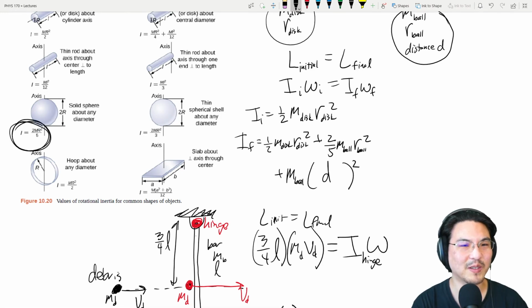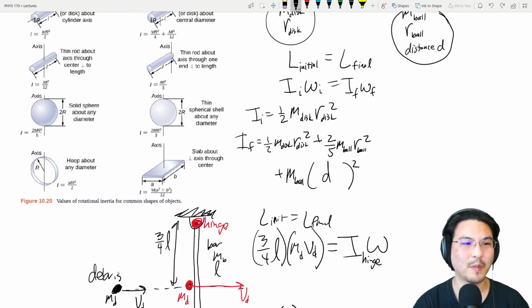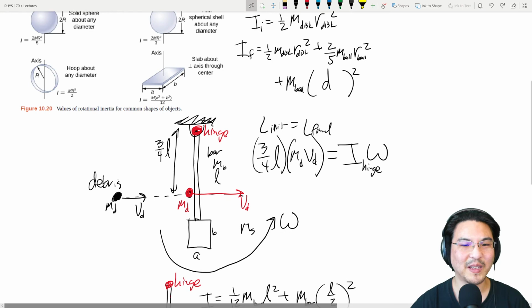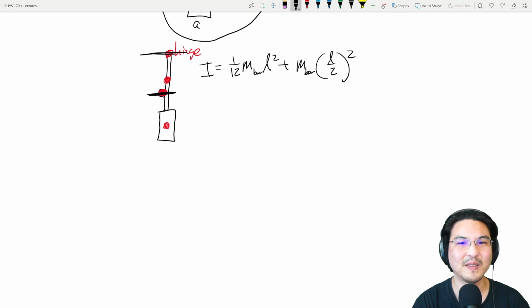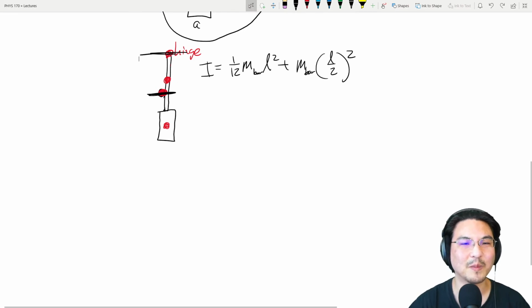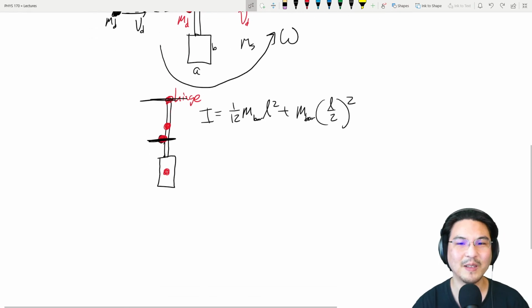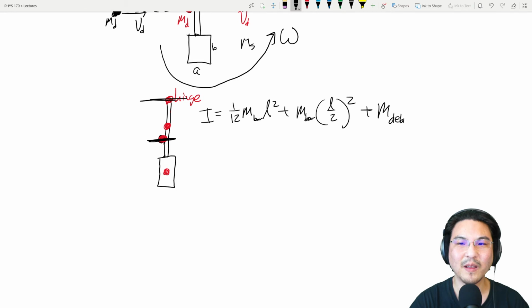The moment of inertia of a point mass about its own center of mass is 0. But then it's not rotating about its own center, it's rotating about here. So how far is this? What number did I say? 3/4 L. So the mass of the debris times 3/4 L quantity squared.